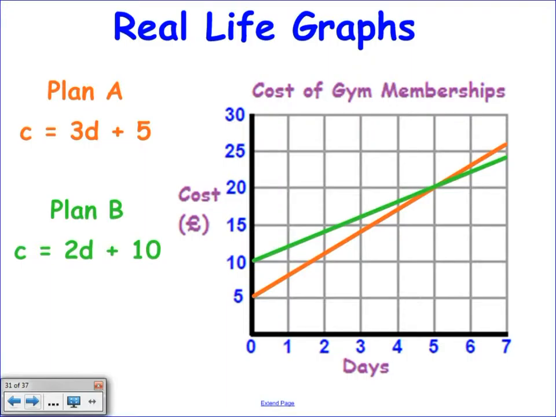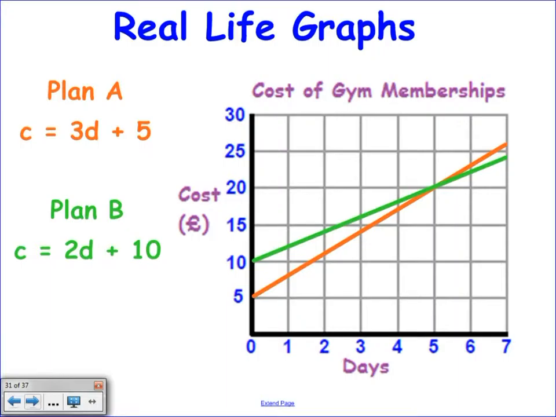Okay. Plan B to join this gym is £2 a day, but I have to pay £10 up front. So they'll give you two things to hire a mountain bike, to hire a chainsaw, something ridiculous like that, hire a solicitor. There'll be an upfront cost, which is your y-intercept, and a daily rate, which is your gradient. Okay.